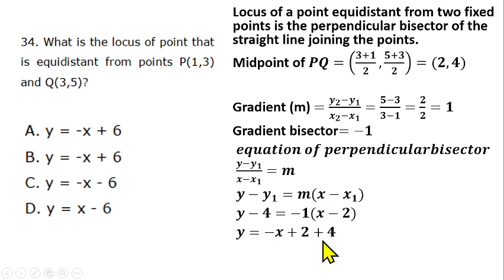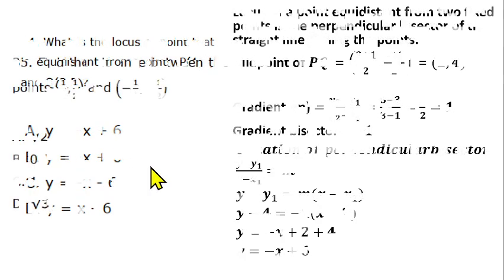Then take the 4 to this side, you have plus 4. So that should give us y equals minus x plus 6. That means the equation of the line that is equidistant from P and Q is y equals minus x plus 6. So I think option B is the correct option for question number 34.